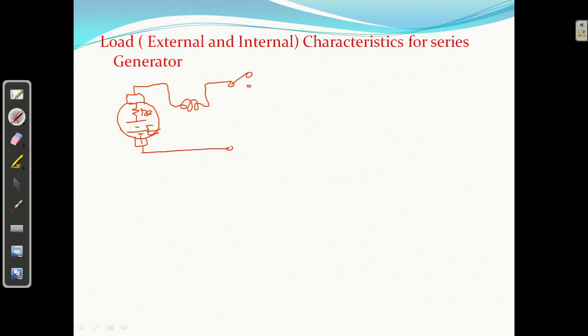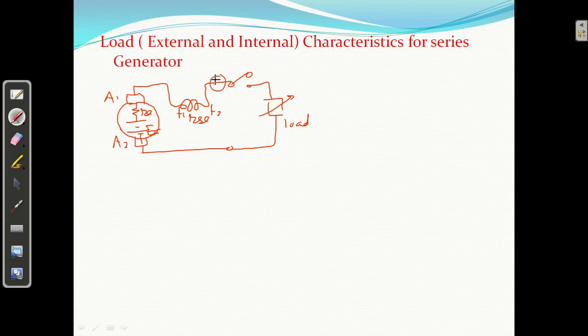Here we are connecting the load. This switch is open. This is RSC, the series field winding resistance. This is RA, right? These are A1, A2, F1, F2.